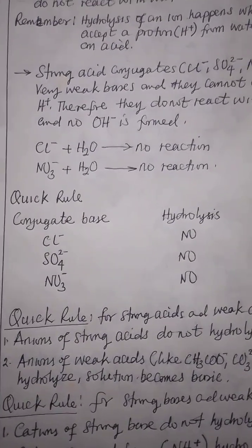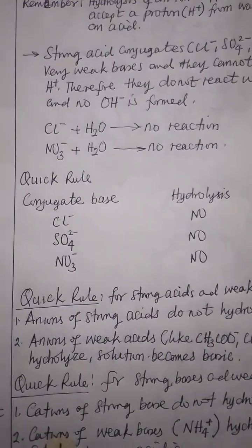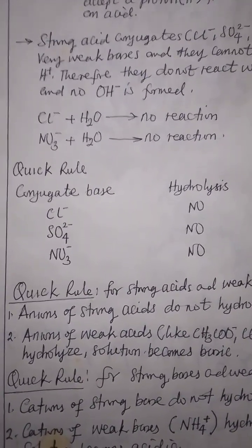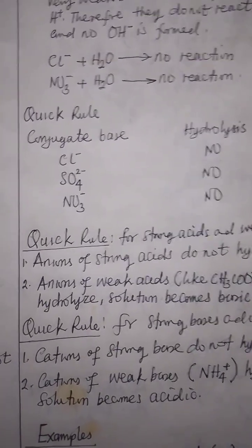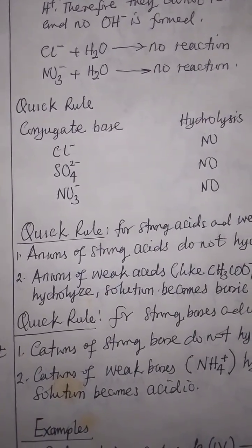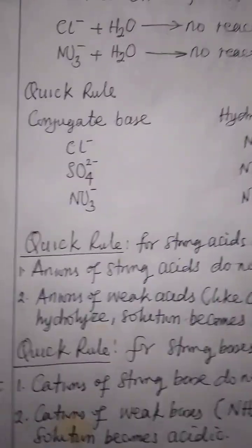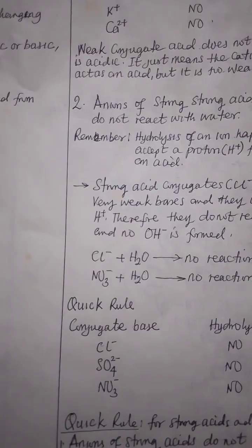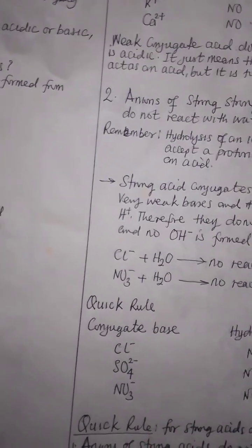Now, the reason for this is because strong acids dissociate completely in water, and when they do so, they form stable anions, which are referred to as strong conjugate acids.